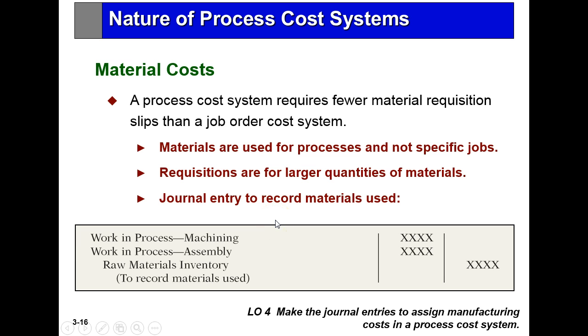Large volumes, fewer items that are unique, they just get put right in there. So it's going to come out of raw materials and go into one of the various processes. Okay? Make sense?